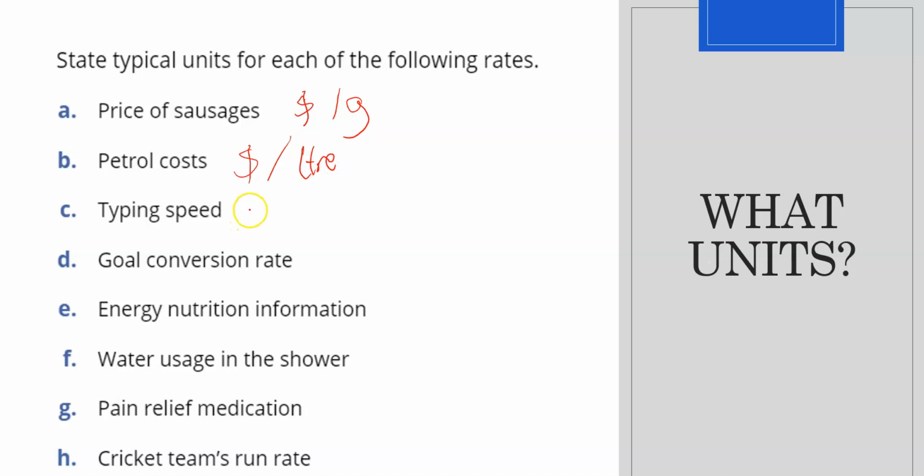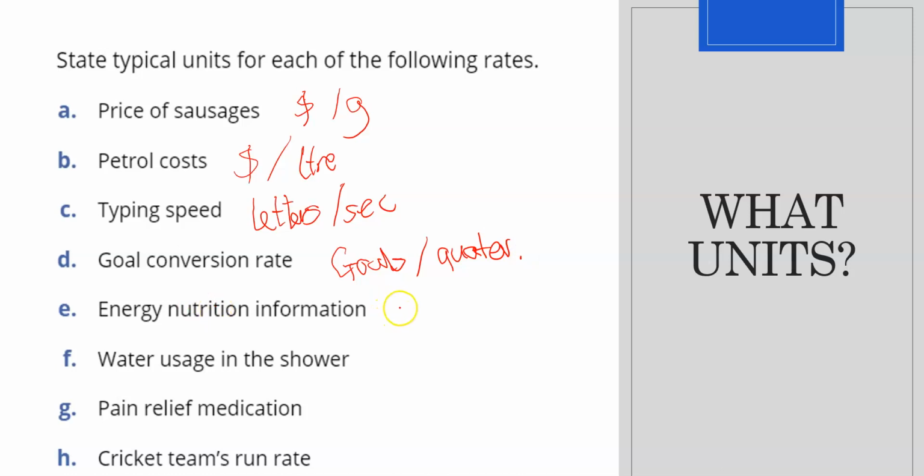Typing speed, that is letters per second, I reckon. Goal conversion rates, goals per, I don't know, per quarter or per goal, per game. I'm not sure, someone's going to have to tell me that one.